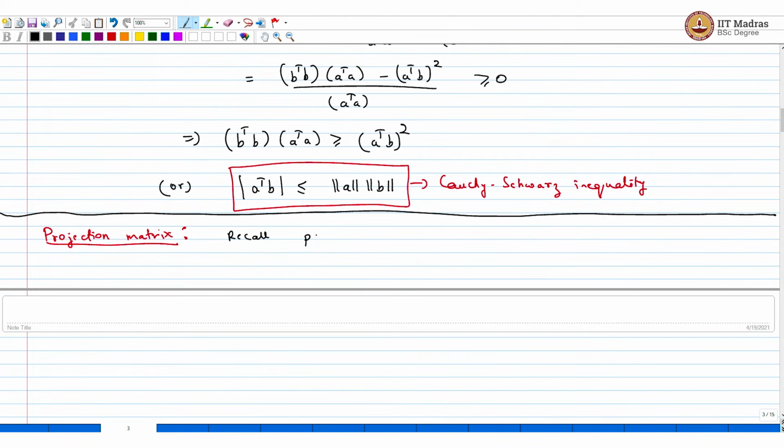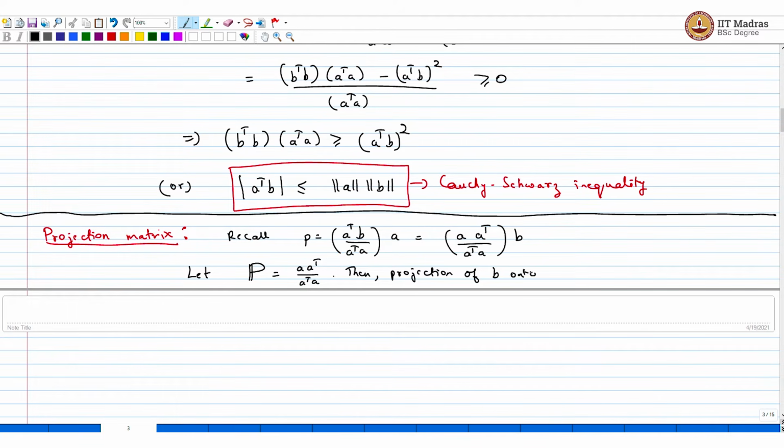Recall P was A into A transpose B by A transpose A into A, which I can write as A into A transpose divided by A transpose A into B. Let this capital P be defined as this matrix A into A transpose divided by A transpose A. Then the projection of B onto A is just P times B.